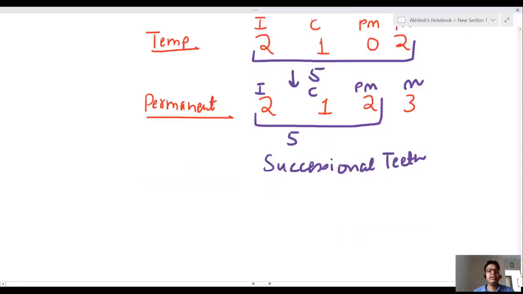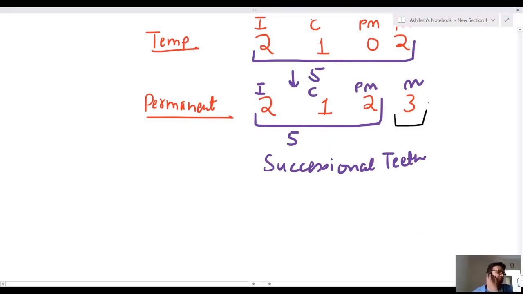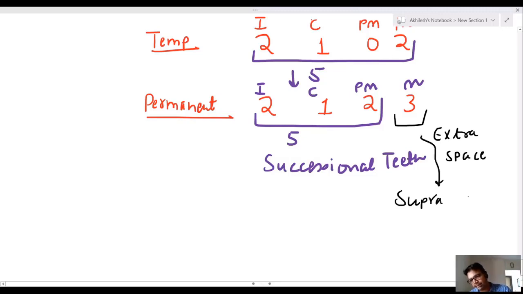These are known as successional teeth. These 5 are 2 plus 1 plus 0 plus 2. But for these 3 extra teeth, extra space is created. These are known as supra-added teeth.